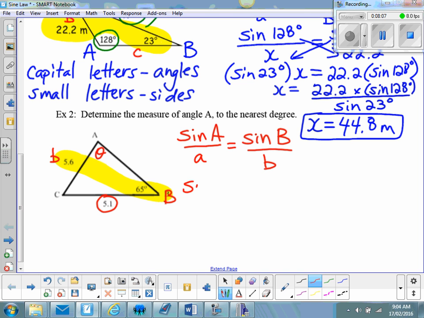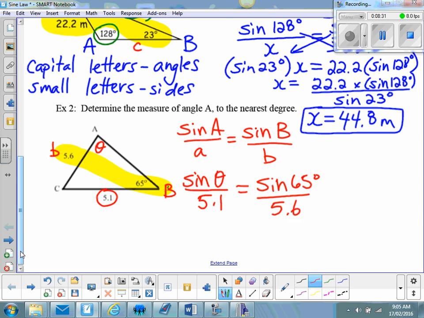We're going to have sine theta over 5.1. And we're going to have sine 65 over 5.6. So really important that you get everything plugged into the right place, and remember that the angles go with the sine parts.